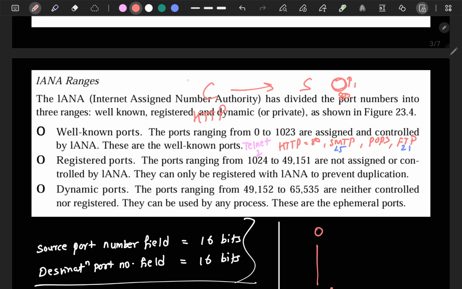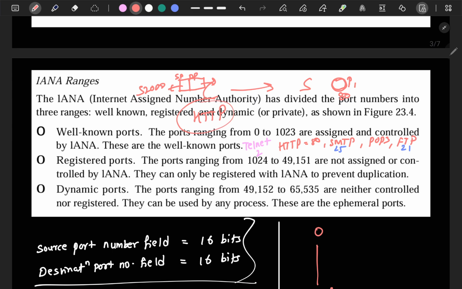So at the client side, when he is making the packet, he has to enter the source port address and destination port address. The source port address is given by the operating system, randomly, for example 52,000. And the destination port address is well known because he is making use of the HTTP protocol.